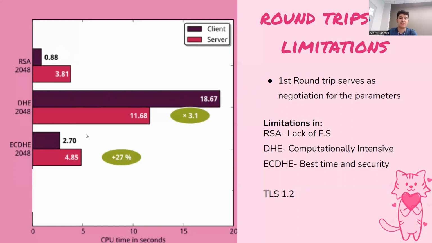And so with elliptic curve Diffie-Hellman ephemeral, you get the best of both worlds. You get the speed and the security that I have not mentioned yet, but I will in a minute. With RSA, you're lacking forward secrecy. And without forward secrecy, if a key is compromised from that session, you can use it again to access any future communication.